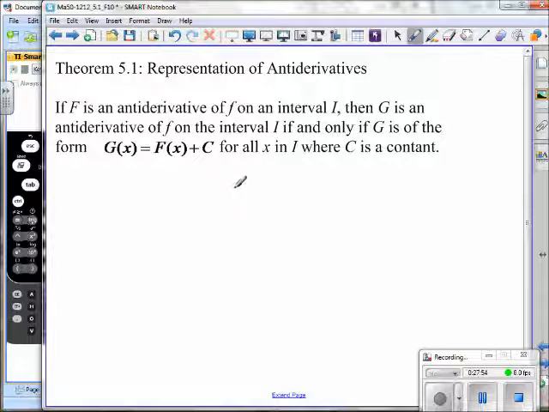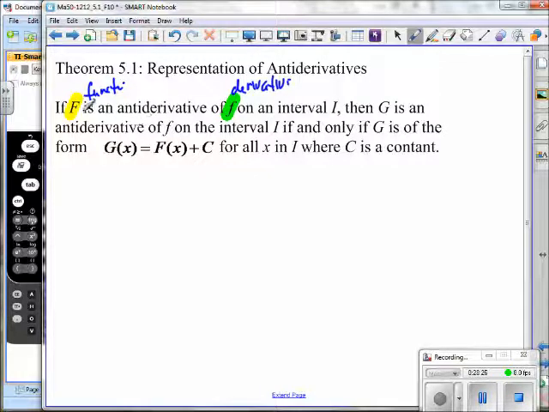Representation of antiderivatives. Here's this capital F again. Cap F refers to the function, and is an antiderivative of lowercase f. I'll put that in green on this one. Which one of these is the derivative, cap F or lowercase f? Lowercase f. So this is the derivative, and this is the function. On an interval, then G is an antiderivative.